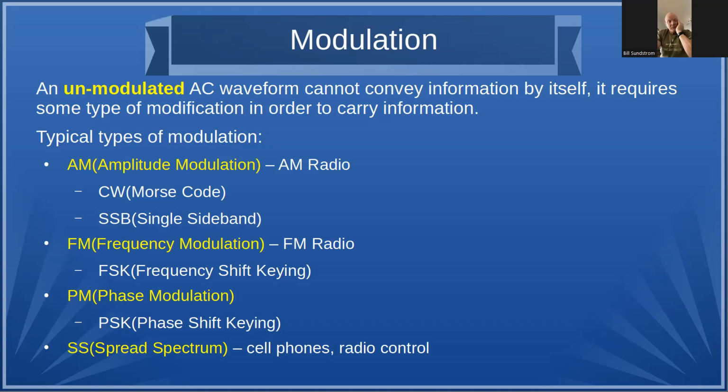For single sideband, we eliminate the carrier and one of the sidebands. If we were going to send upper sideband, you'd filter out the lower sideband and eliminate the carrier. So all of the power you're sending is going to be in that fairly narrow upper sideband signal. We'll talk a little more about how you do that.